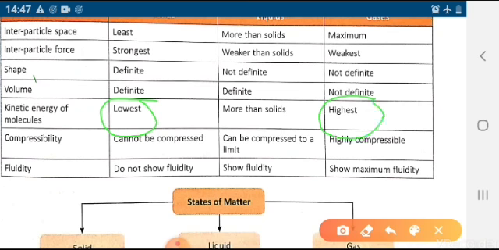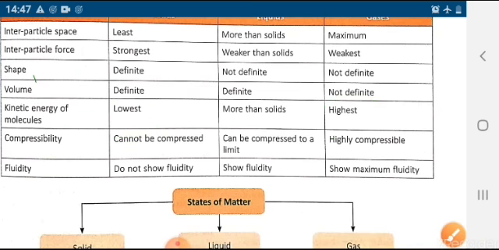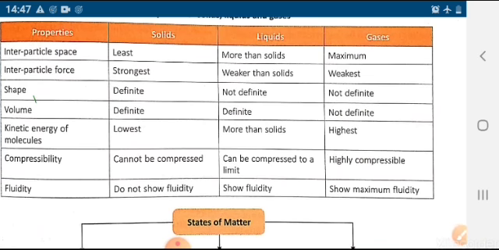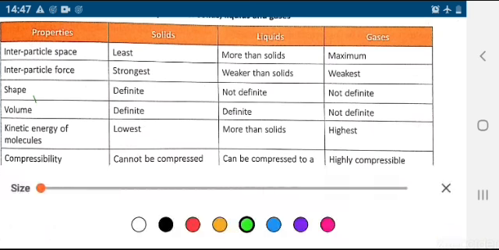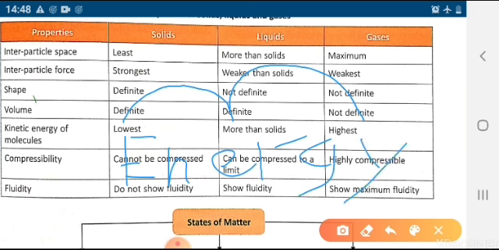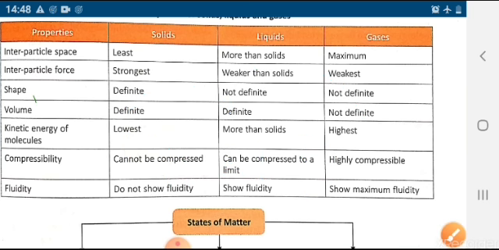But if you raise the temperature of solid, then it can be easily converted into another state. Solid can be converted to liquid, and liquid can be converted to gases, because the particles are gaining energy which helps them for free movement.